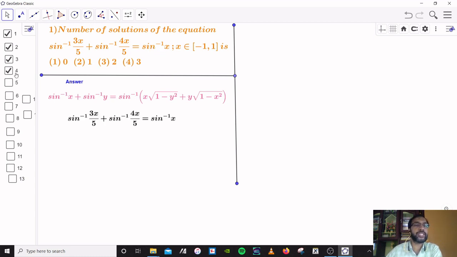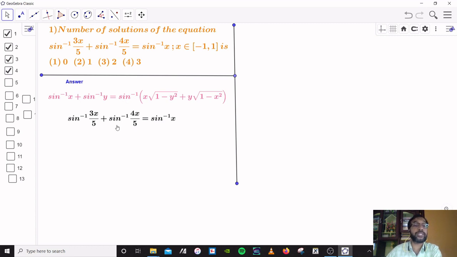The given equation is sin inverse 3x by 5 plus sin inverse 4x by 5 is equal to sin inverse x. Here the left side is of the form sin inverse x plus sin inverse y, where x is equal to 3x by 5 and y is equal to 4x by 5.